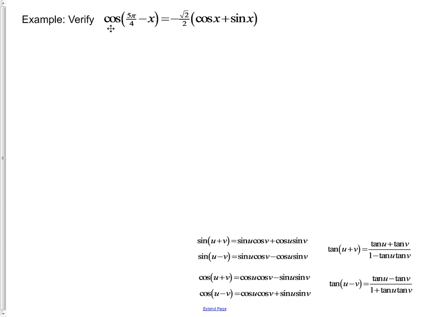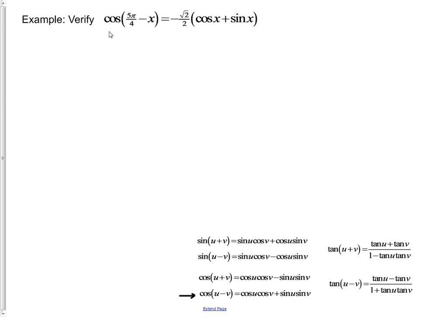I mean, it's not as though we can say cosine of 5 pi over 4 minus cosine of x, so what should we do? This is a job for our formulas below here in order to help us find this, and we are using our old friend cosine of u minus v.